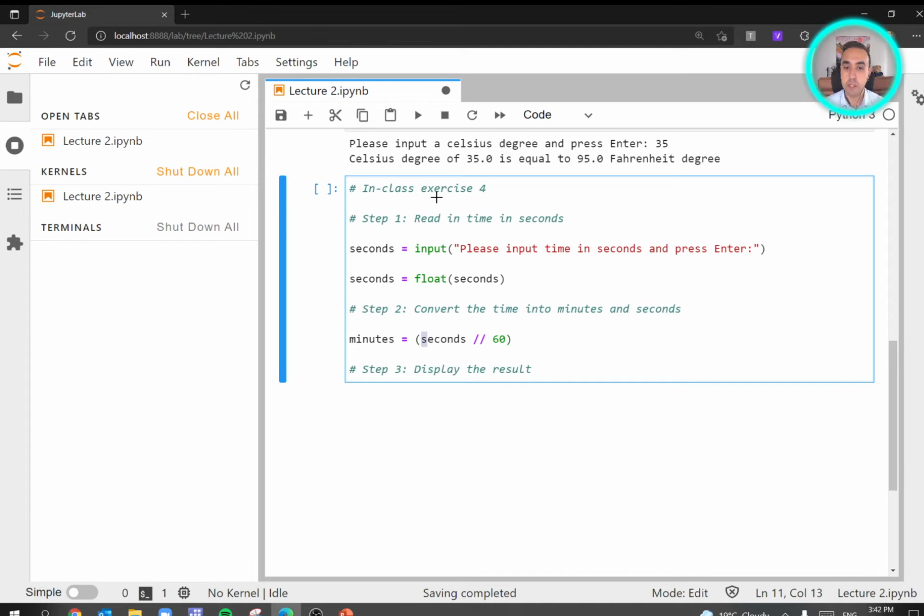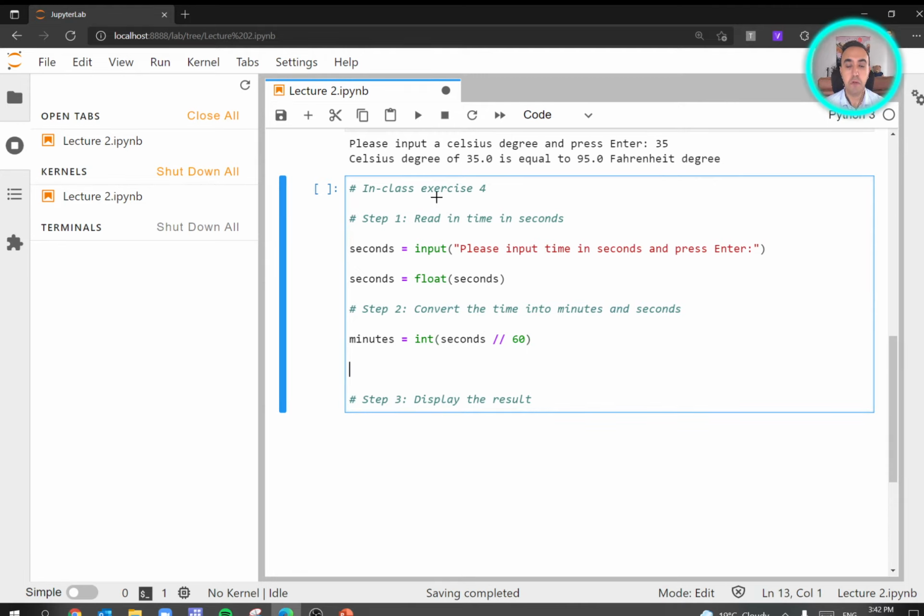So I'm going to do my conversion to integer over here, because I know for a fact that minutes cannot have decimals, right?